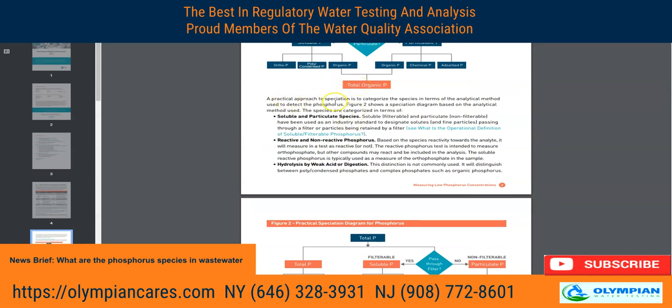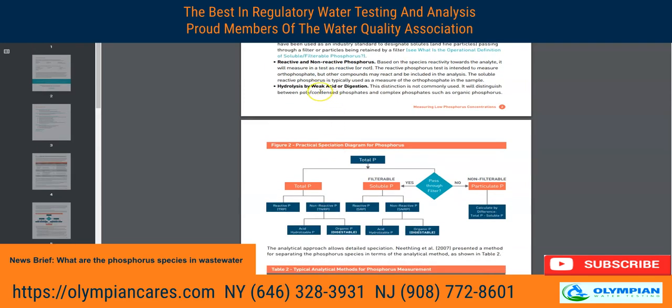A practical approach to speciation is to categorize the species in terms of the analytical method used to detect phosphorus, and Figure 2 shows a speciation diagram based on analytical method, and the species are categorized in terms of soluble, particulate species, soluble filterable, and particulate non-filterable, been used as an industry standard to designate solutes, reactive and non-reactive phosphorus based on species reactivity towards analyte, and it will measure the test as reactive or not, and hydrolysis by weak acid or digestion, and distinction is not commonly used.